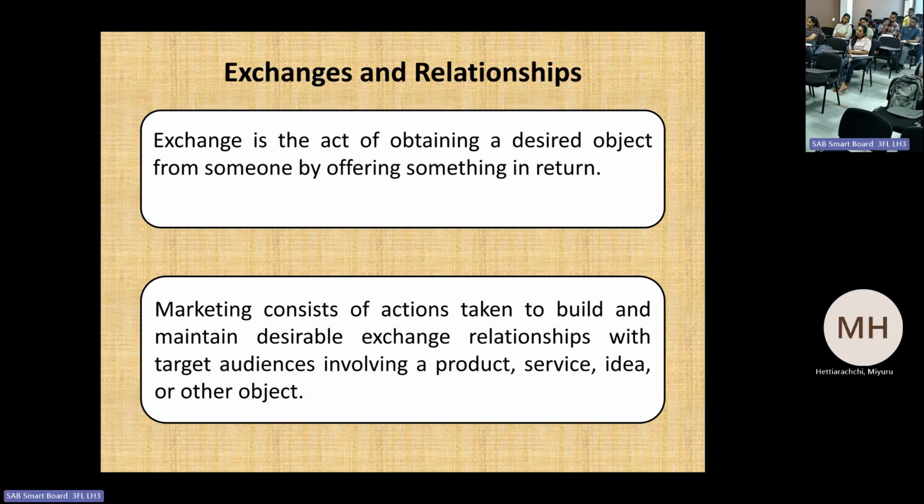So therefore, in marketing, we say we have to have a proper relationship within the co-marketing system. If you have very good rapport with the suppliers, suppliers will provide all that you need. If you have very good rapport with the customers, customers will purchase your product. If you are getting the support from the intermediaries, they will bring your product to the customer base. So that's the relationship. You have to maintain the relationship within the company to provide an outstanding value to your customer. Okay. Good.